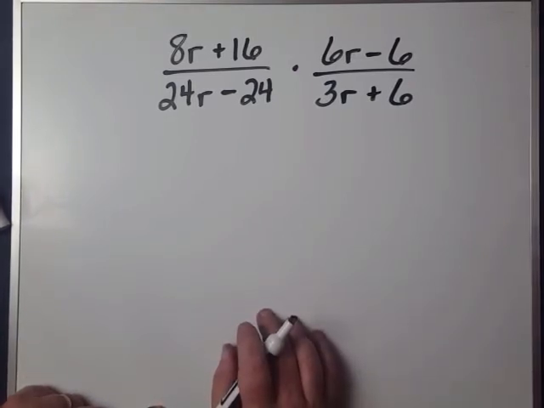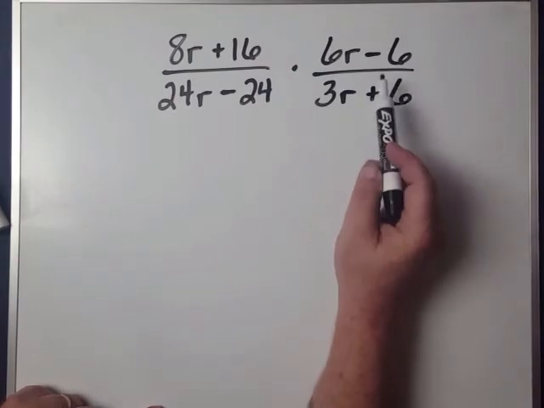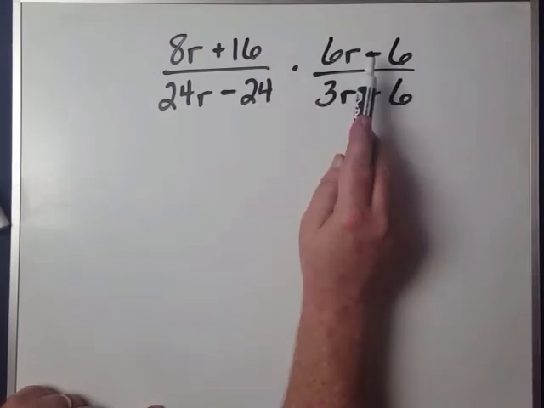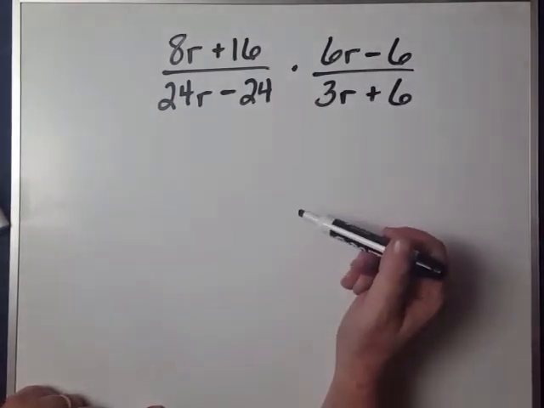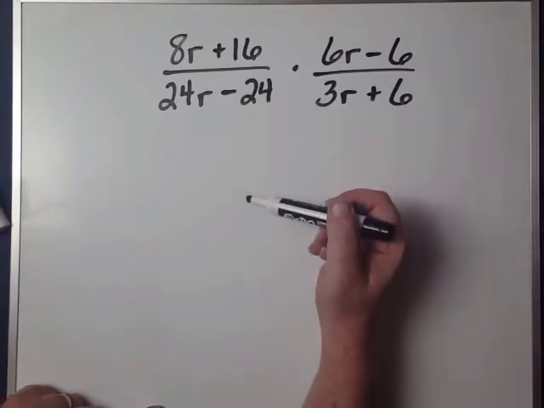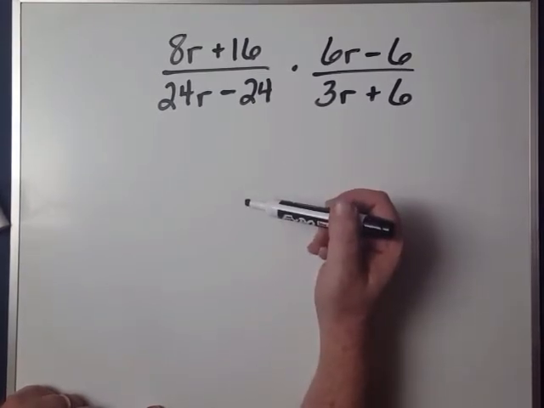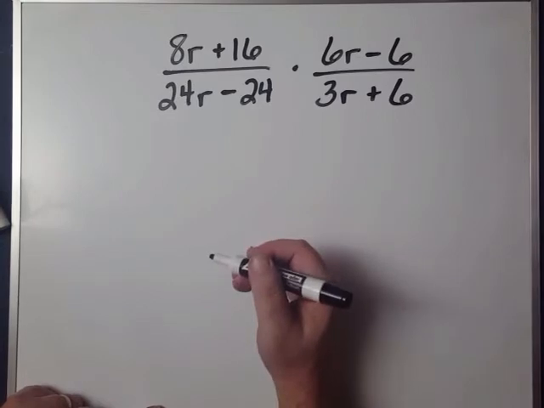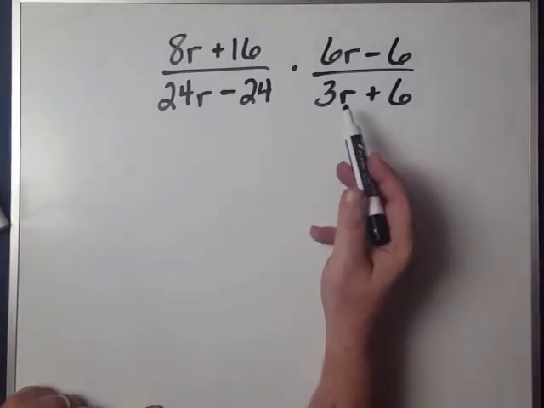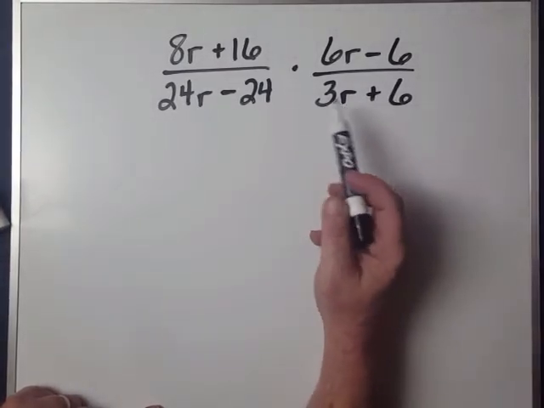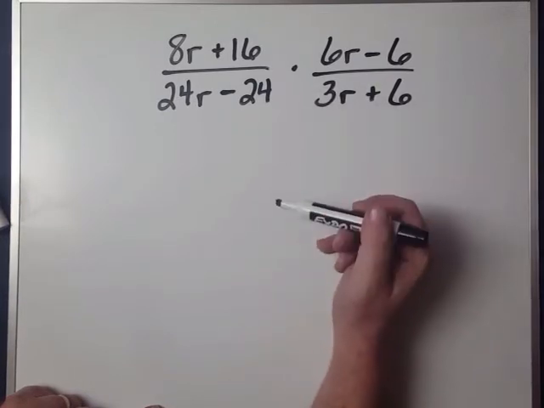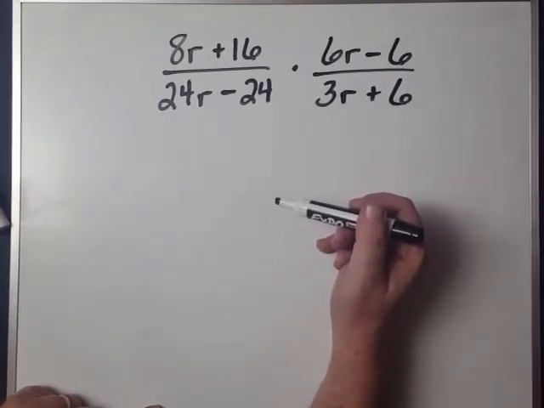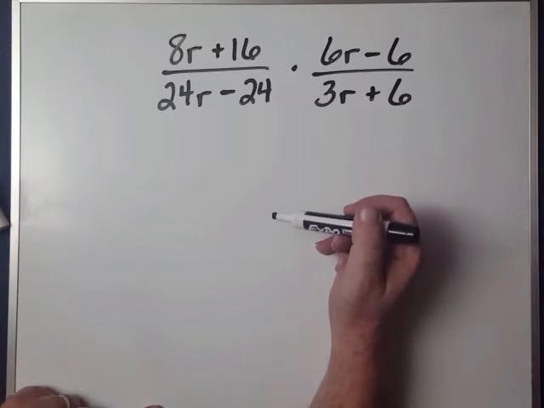And the reason I want to do that, if I were to multiply this out right now, FOIL the tops together, FOIL the bottoms together, I would still need to get my answer in lowest terms. I would have to turn around and start factoring, and some of these, you multiply them together, you're going to end up with a monster to try then to go back and factor so that you can reduce to lowest terms.